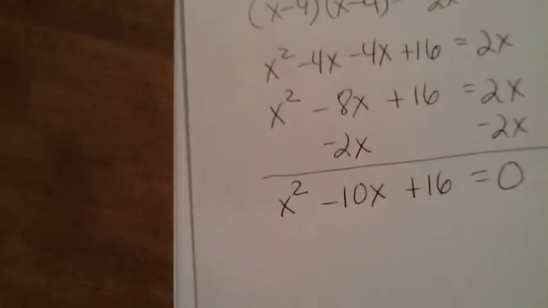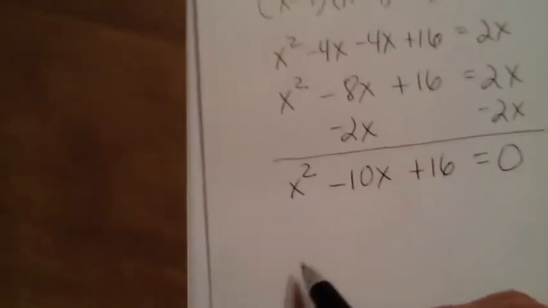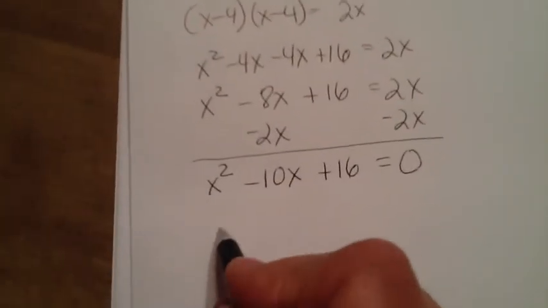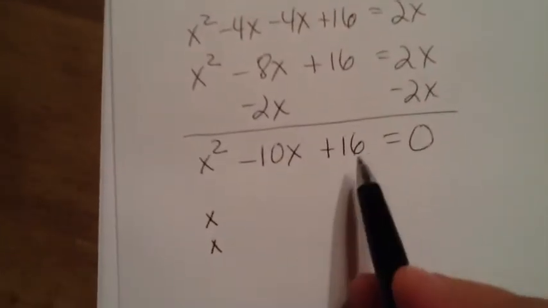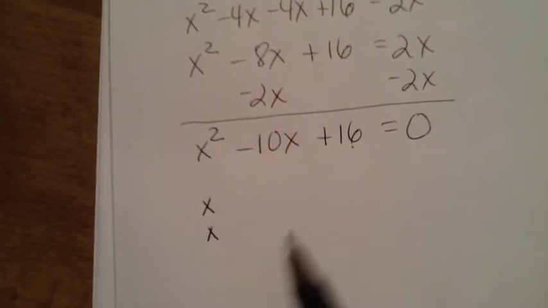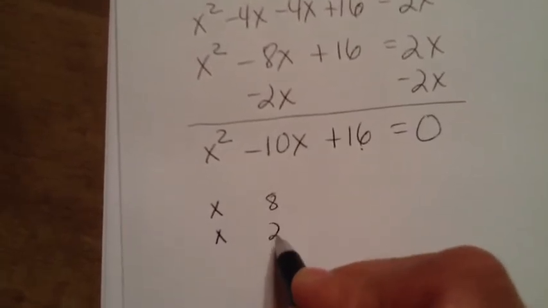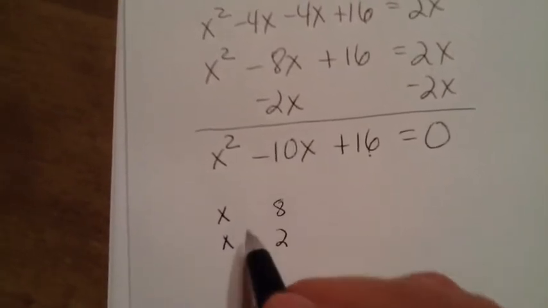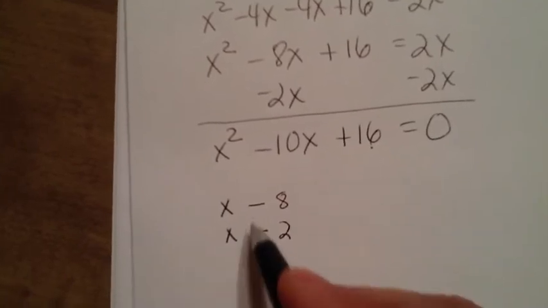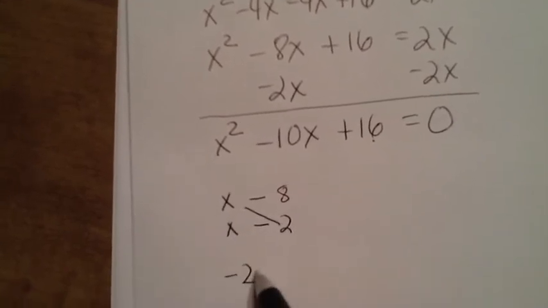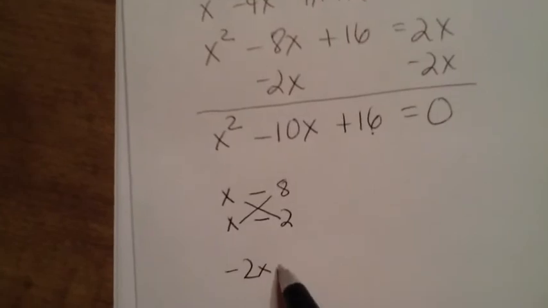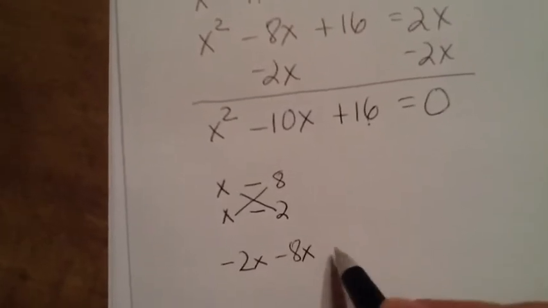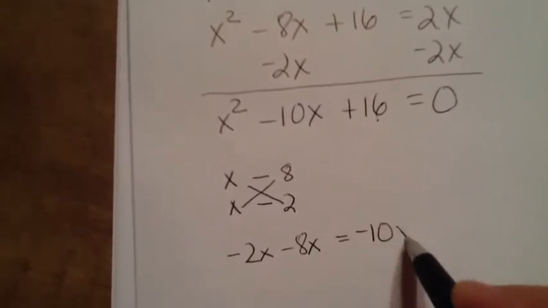Now we have factored these before. So remember, we actually would sit there and go, it's got to be x and x. And what are some factors of 16? Well, let's try 8 and 2. And I need a minus, so I'm going to make these both minus. I cross here, I get minus 2x. I cross here, I get minus 8x. Does that give me a negative 10x?